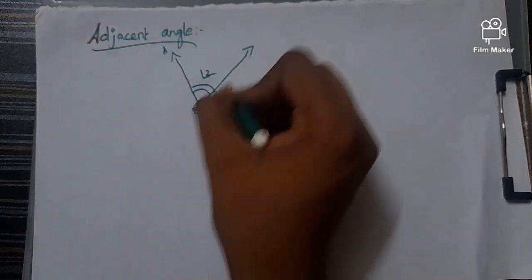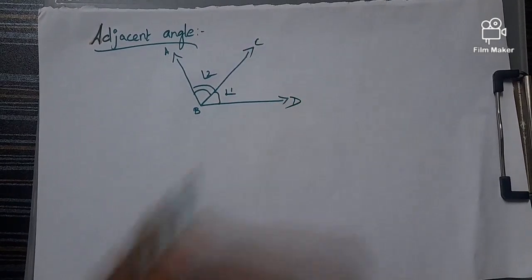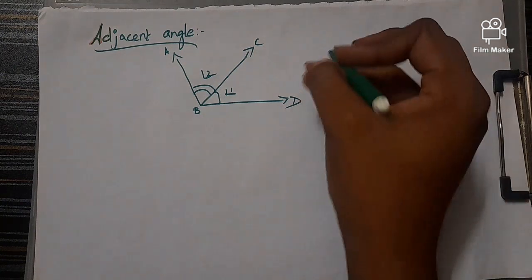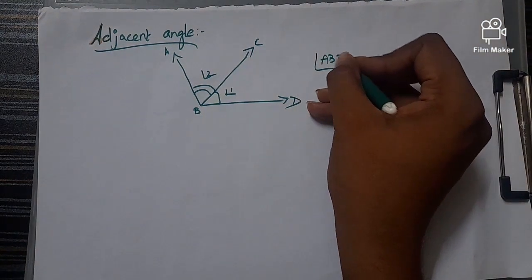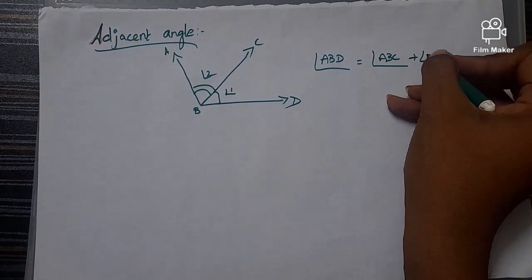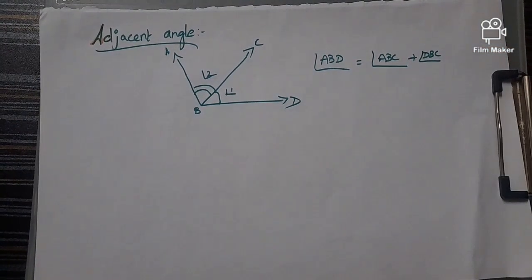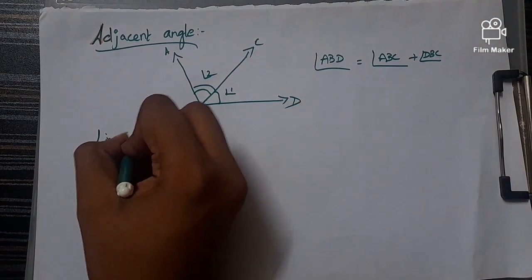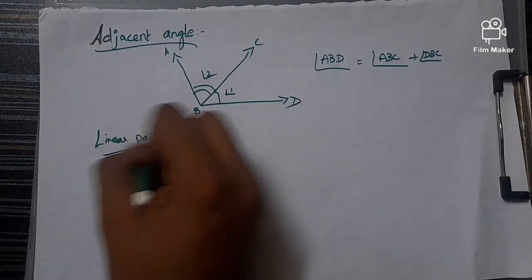Say for example over here, A, B, C, D. Angle ABC and angle DBC are adjacent angles with a common arm BC. Angle ABD is equal to angle ABC plus angle DBC. So these are your adjacent angles.